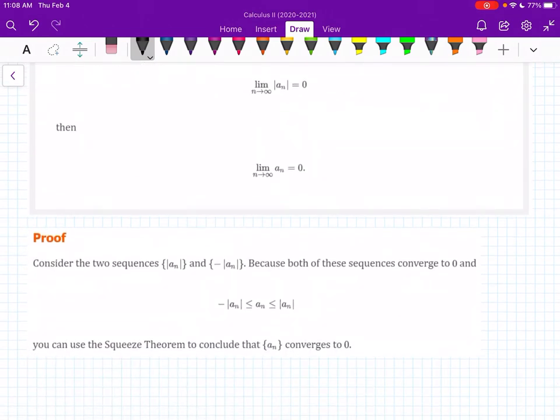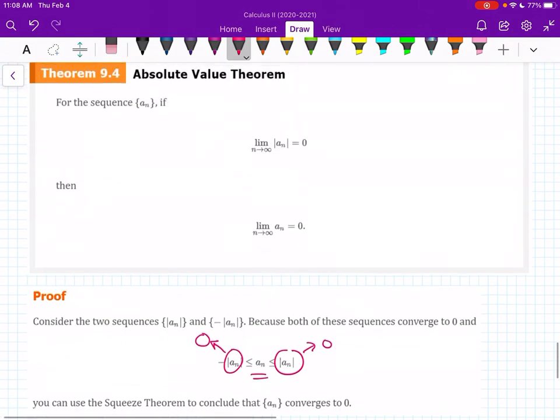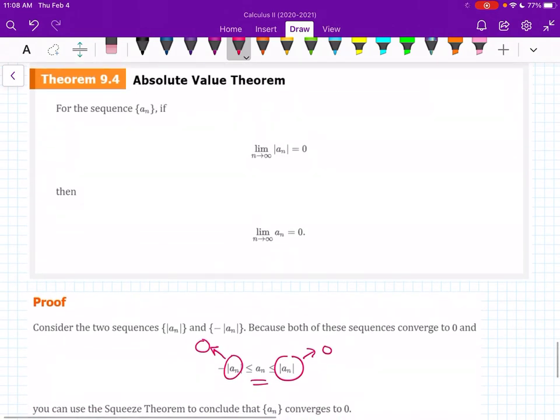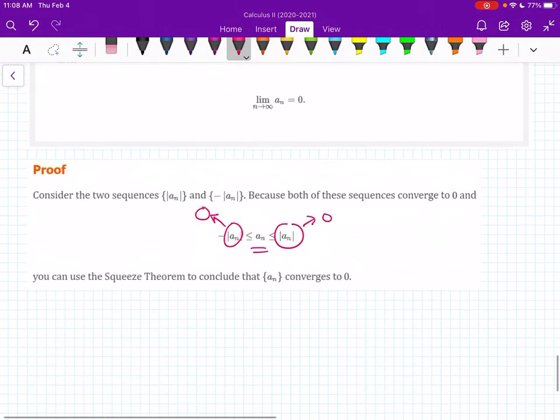Okay, so I know that my terms, whether they're positive or negative, are going to be sandwiched between the absolute value of a sub n and the opposite of the absolute value of a sub n. And since this goes to 0, then this also goes to 0, which means my terms must go to 0, okay? So that's just using the squeeze theorem. The absolute value theorem is just a specific case of the squeeze theorem.